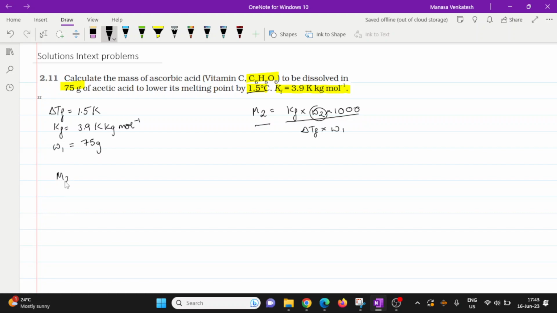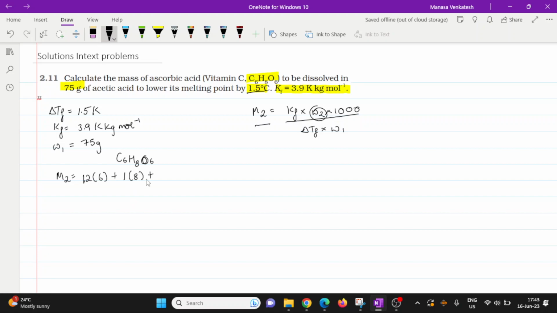So M2, the molecular formula of ascorbic acid is C6H8O6, and we can use this to calculate the molar mass. So 12 into 6 plus 1 into 8 plus 16 into 6. If it's not obvious, I try to keep it consistent where you have either the mass on the outside or the number of atoms, whichever.